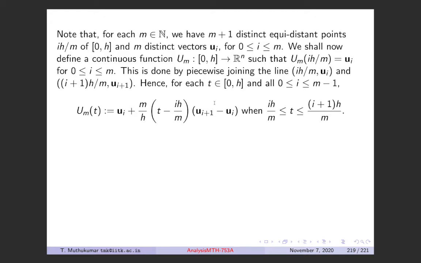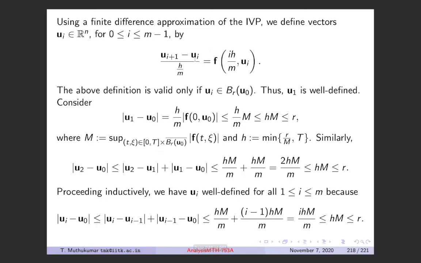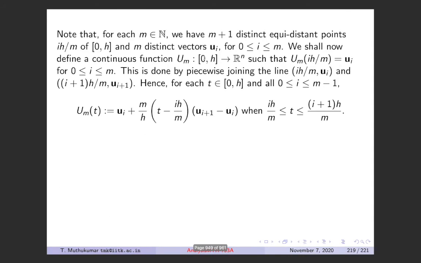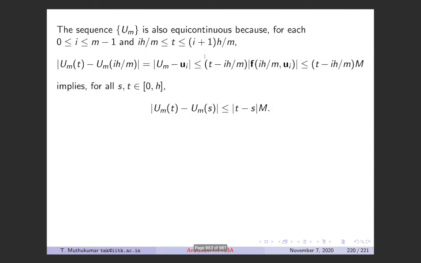So if you use this equation and this equation here together, we can write this is less than or equal to this quantity, and this M is the sup norm of this quantity, so this is less than or equal to M. So this we have done for each t.